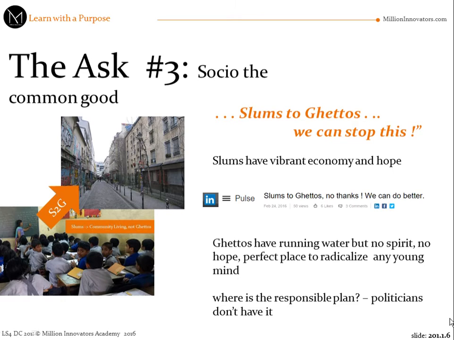There are ways we can prevent slums from becoming ghettos. Where do we start? How do we do it? It's only one person. That's a question you can tackle.